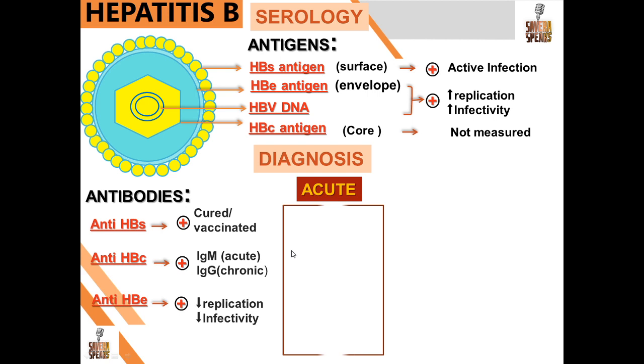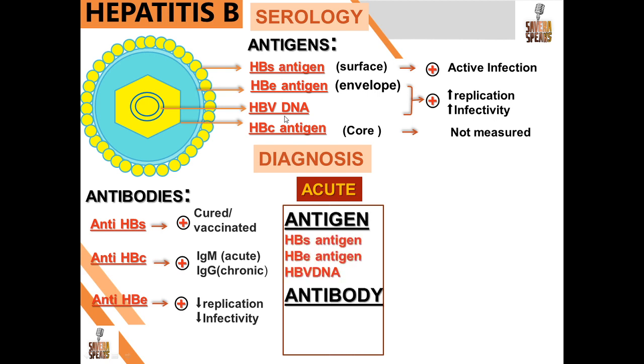So in acute stage, all the antigens will be positive and the antibody will only be the acute IgM anti-HBc. Only this will be positive, and the others, anti-HBs and anti-HBe, will be negative.